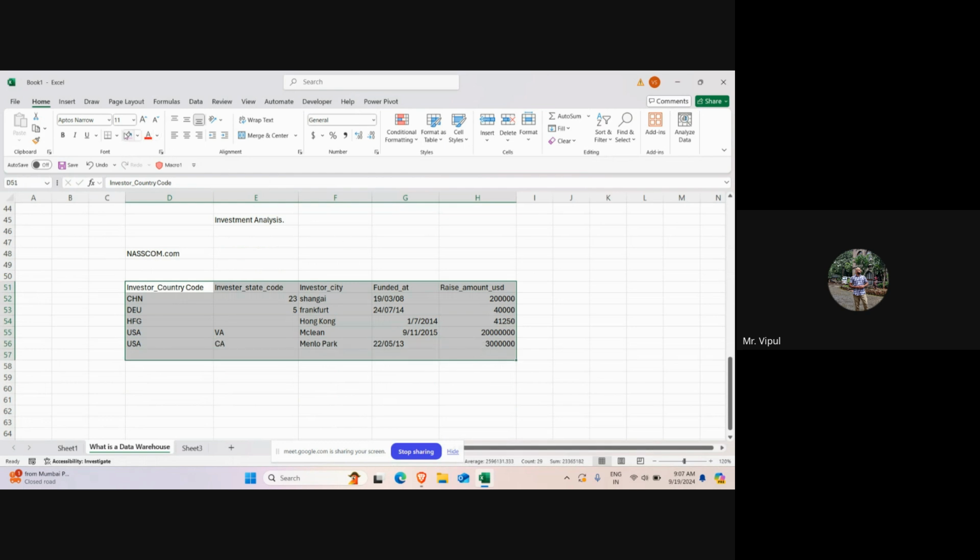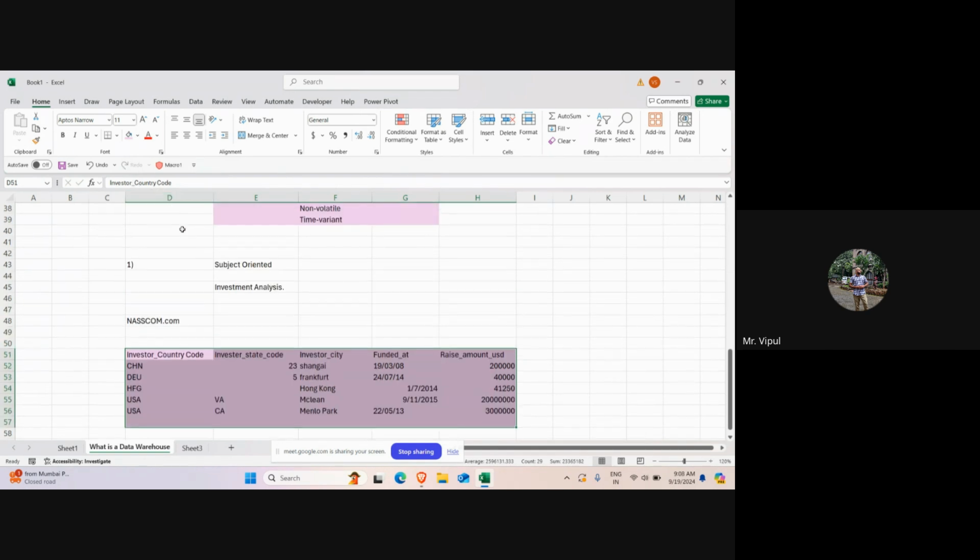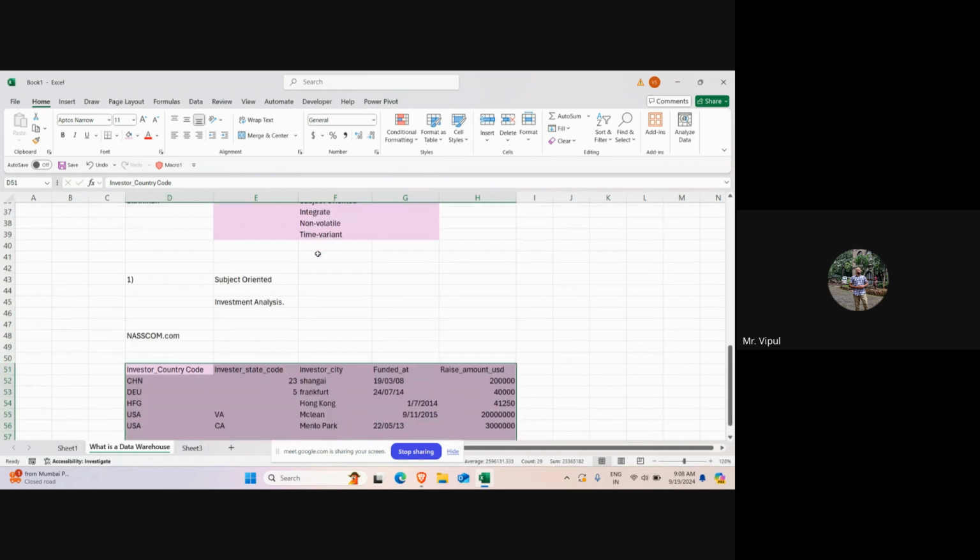Now let us move to the next definition, the second keyword, which is integrated. So the second keyword is integrated repository. What do you mean by that? A data warehouse is an integrated repository. It is worth noting that information pertaining to a subject may actually be coming from many different systems.